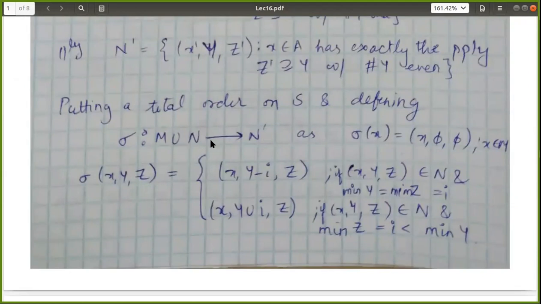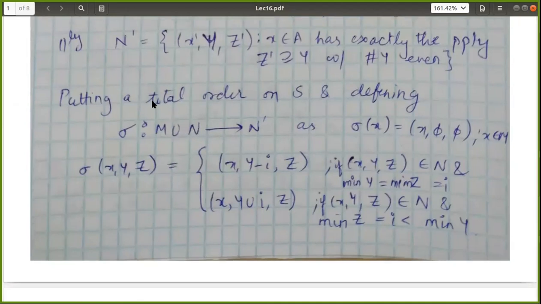So here there were exactly 3 sets, m, n, and n prime. Okay, there were some sets which were not so important to us, or in short, which kept the elements of m to itself. N went to n prime and n prime came back to n. But m stayed to itself. So that is not interesting for us.